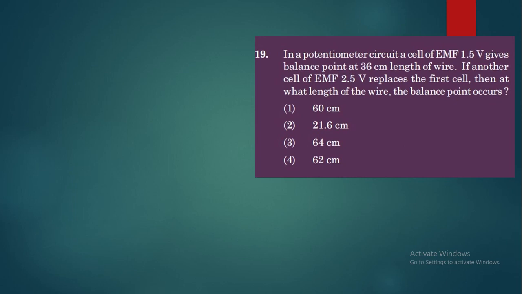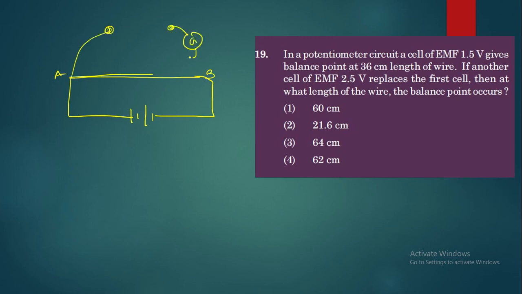Here this question is based on the potentiometer. The potentiometer, as we know, measures voltage. Let's say this is the potentiometer wire. First of all, this is the driving potential EMF. These are the 2 points between which we put something whose electric potential we wish to measure. Now according to the question, it's a standard problem.